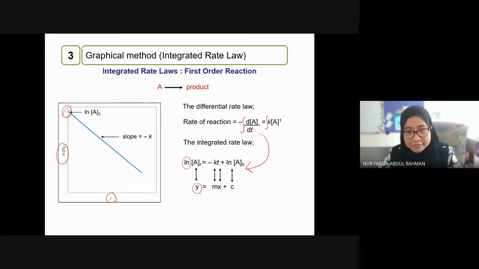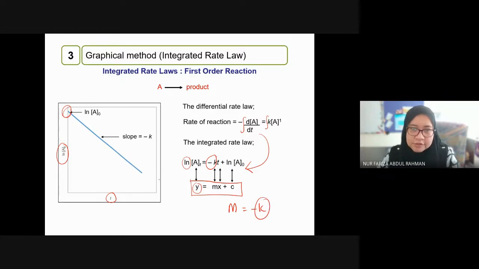Okay, we match it with Y = MX + C. And then it will be a negative graph. Why a negative graph? It means going downward because it has a negative slope there. M is equal to negative K. So the value K is negative, the value M is actually negative too. Later the negatives cancel, and we will get the value K.